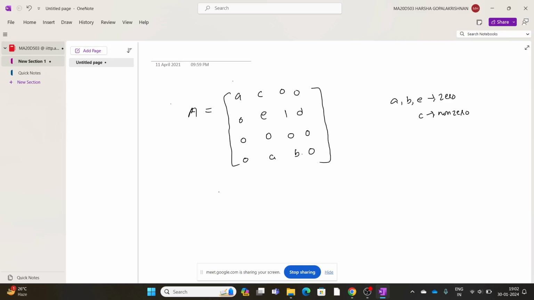We will see why a and b equal 0. This is very trivial because this one is a 0 row. Given that A is in row echelon form, below the 0 row it should be a 0 row. So a and b should be equal to 0.